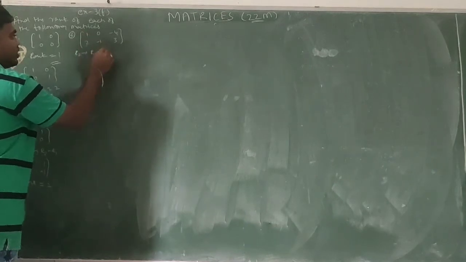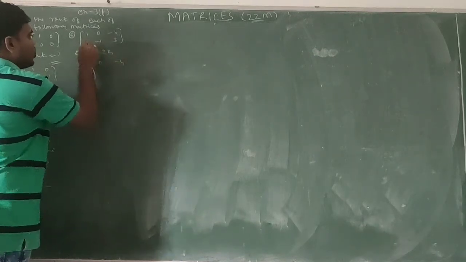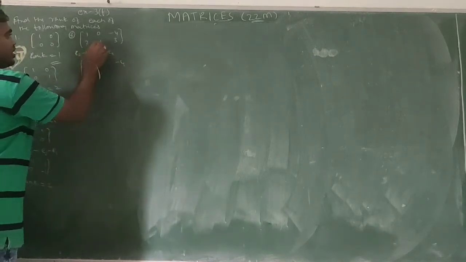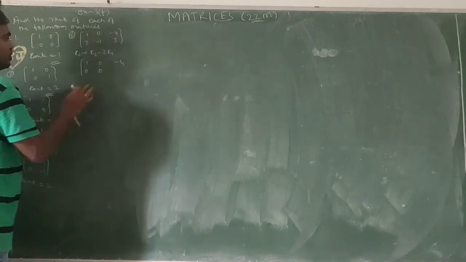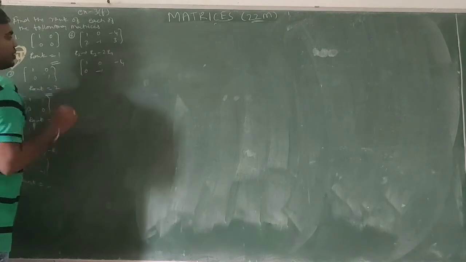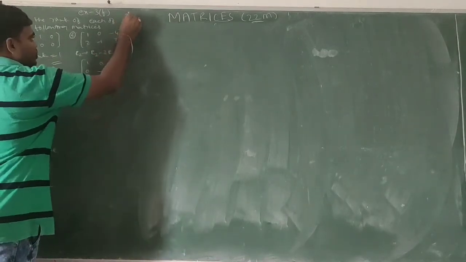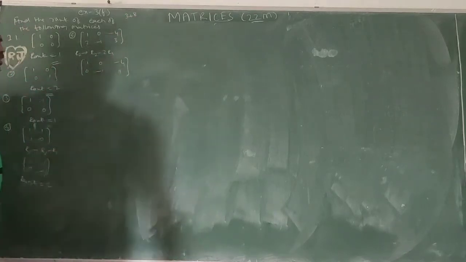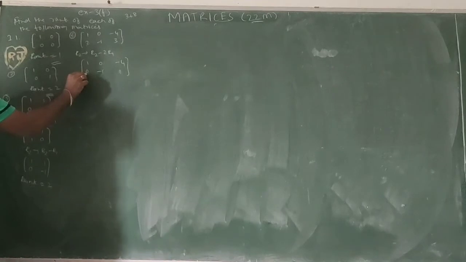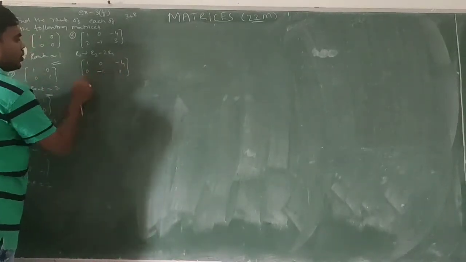This is 2, this is 1. So 2 minus 2 is 0, minus 1 minus 0 is minus 1, and 3 minus 2 into minus 4 is 3 plus 8, which is 11. So this is 0, but the remaining are not 0. 2 non-zero rows, rank equal to 2.